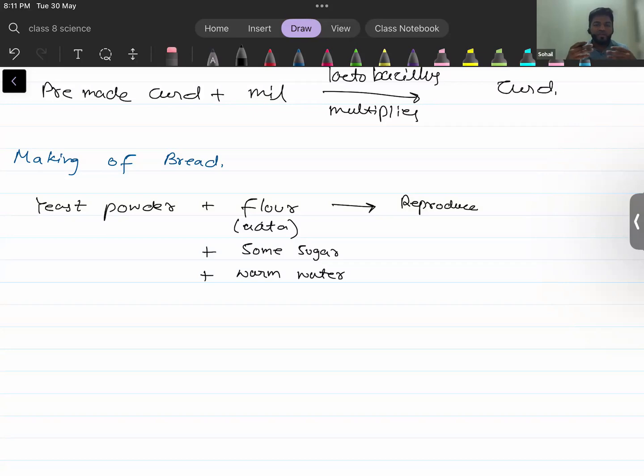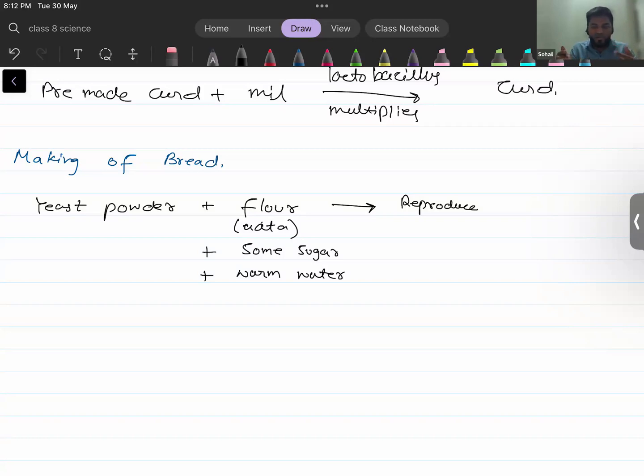Just like we humans, when we breathe out, we release carbon dioxide, right? When we are doing the process of respiration, you know about respiration? Yes, sir. In respiration, our body utilizes the food and releases carbon dioxide.